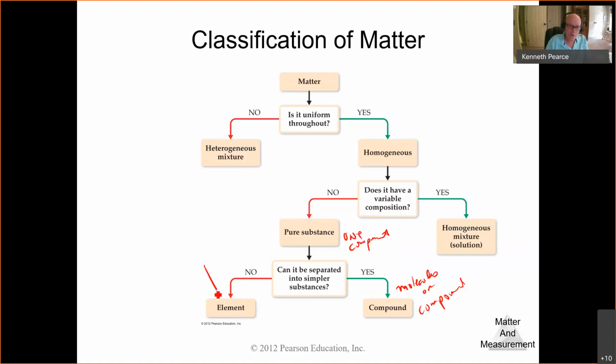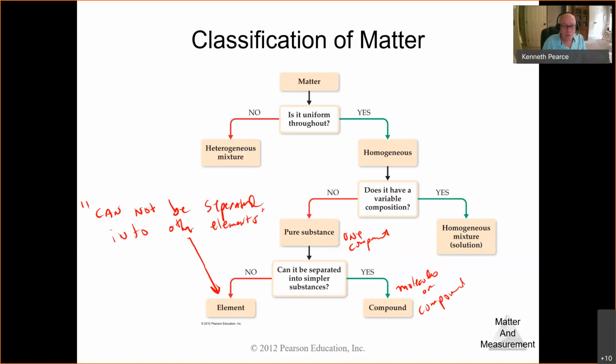Now here's the important thing about elements, and make a note of this. Elements cannot be separated into other elements.